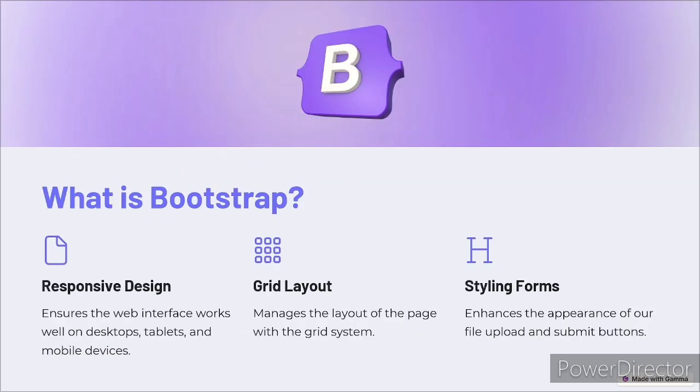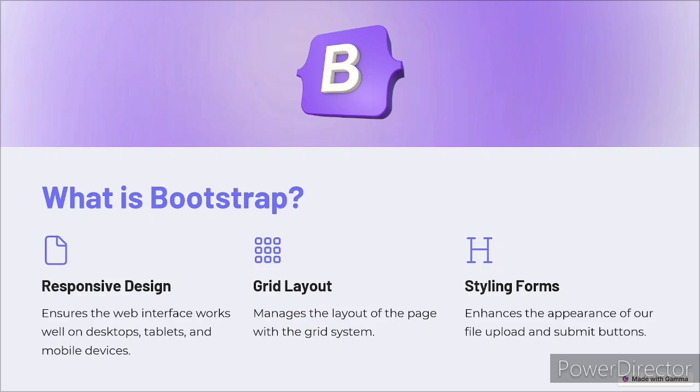Now, coming to the next slide, we will talk about Bootstrap, which is the front-end framework we have used in our project to implement the front-end software. Bootstrap is an open source front-end framework used to build responsive websites. It includes pre-designed components like buttons, forms, grids, and navigation bars.